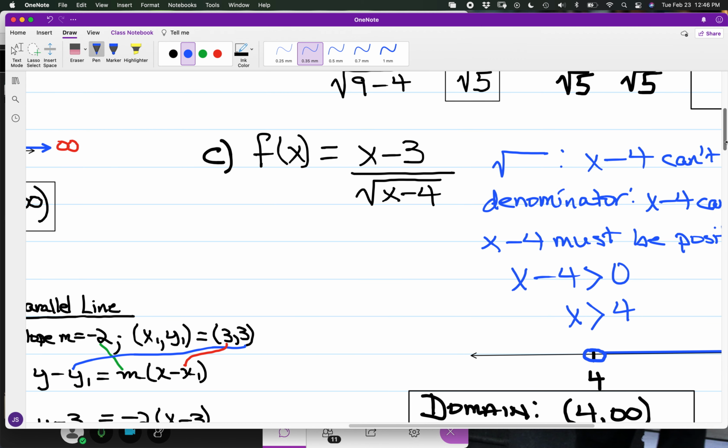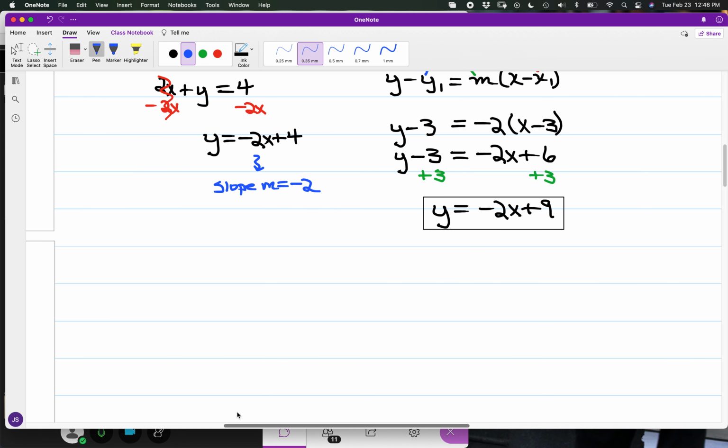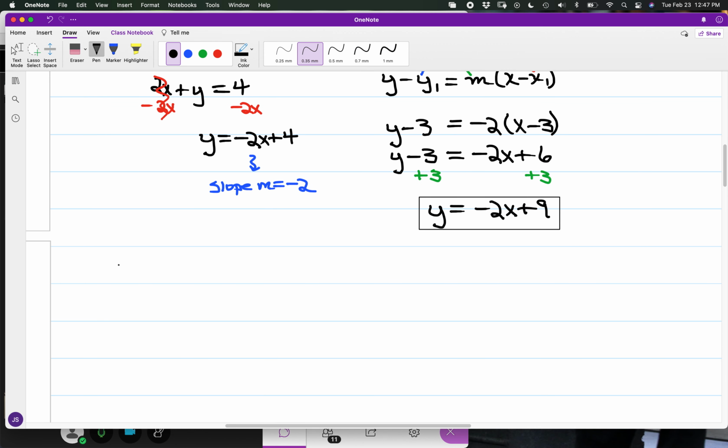In the case of item 4, we have 2x minus y is equal to 4, and we're trying to find the line that runs perpendicular to this.